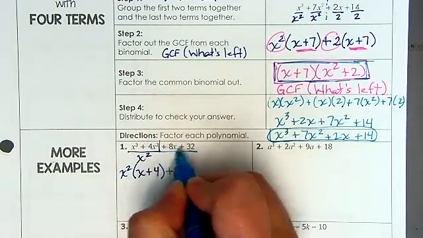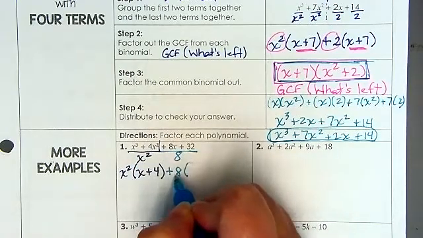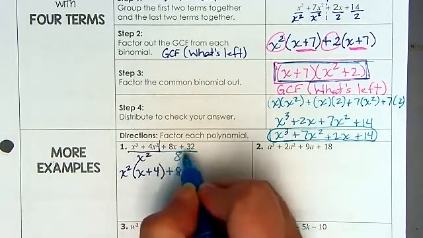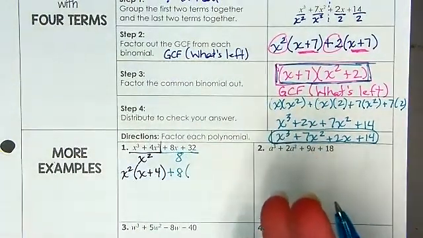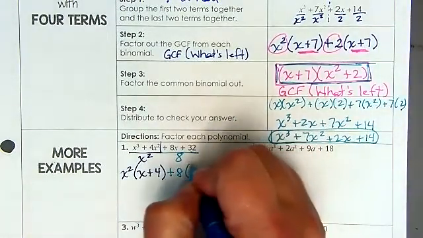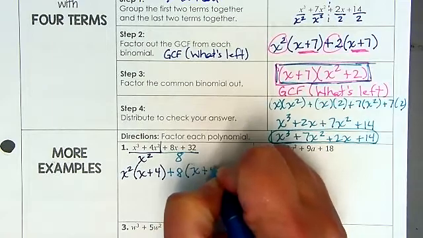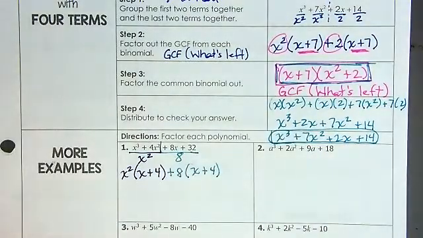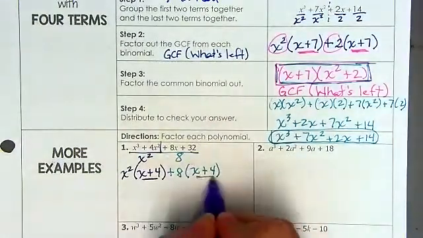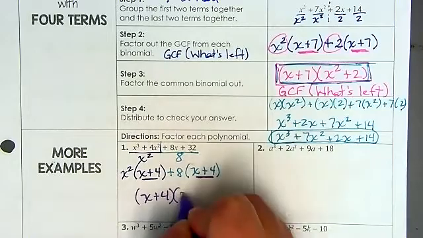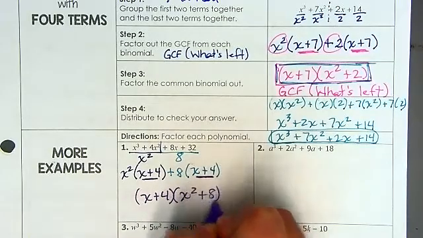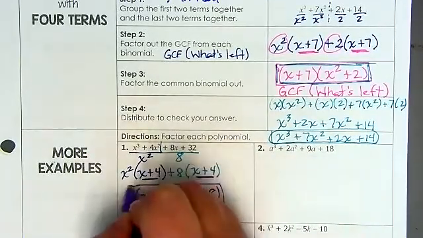Notice I'm adding everything, so it's a plus. Even if I have subtractions in here somewhere, I can rewrite it all as an addition problem. I divide out and I'm left with x plus 4. These are the same, so that's my GCF. So I have x plus 4 times x squared plus 8. There's my final answer.